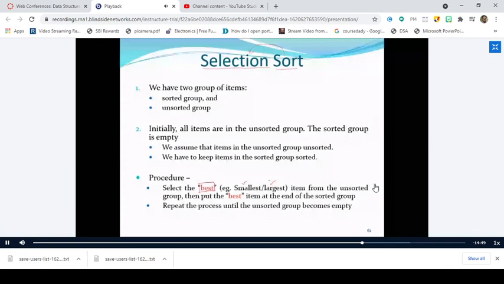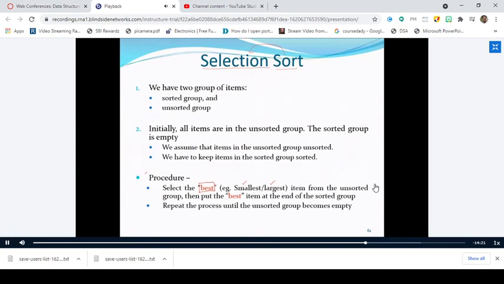And the procedure which you are going to follow. As I told, what is the basic idea of bubble sort? Comparing the adjacent elements and swapping. Compare the adjacent elements and swap if necessary. Right, super. And the basic idea behind this selection sort is you select the best element.